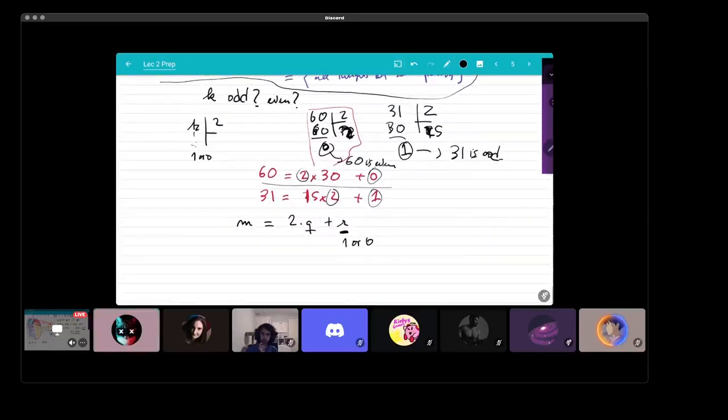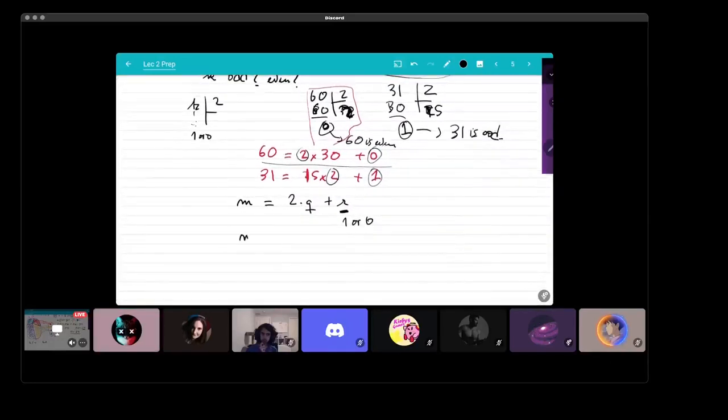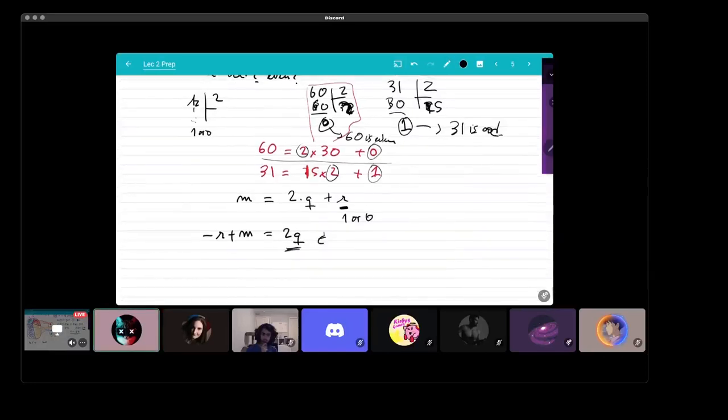And what this means is m minus r equals 2q, and this is in 2Z.